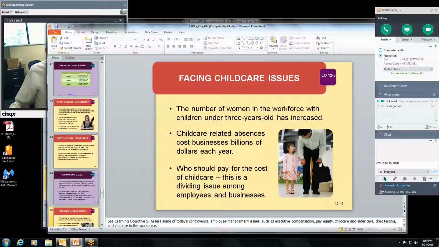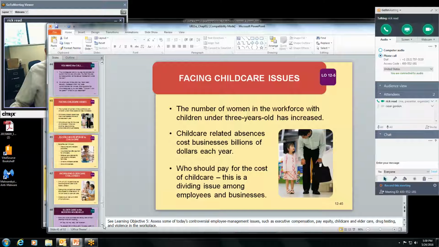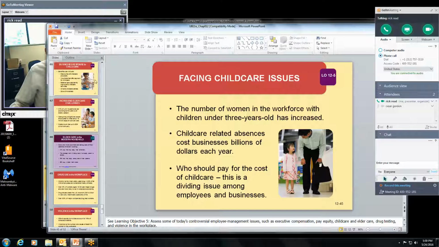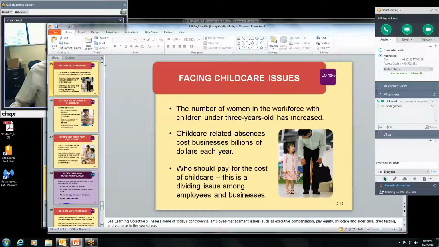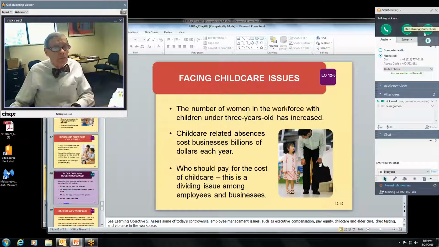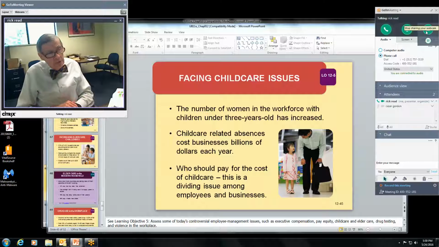We know that child care is becoming a big issue. Many organizations have child care on their premises. Others don't, but that's something that we're going to find more and more of. One of the issues that's come up about trying to have a living wage is that child care is very expensive, and people working for minimum wage or slightly thereover really have difficulty either paying for child care or buying food or something else.